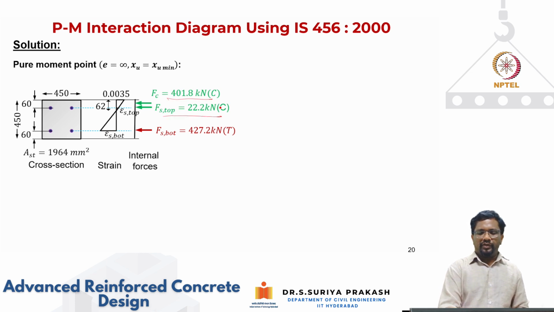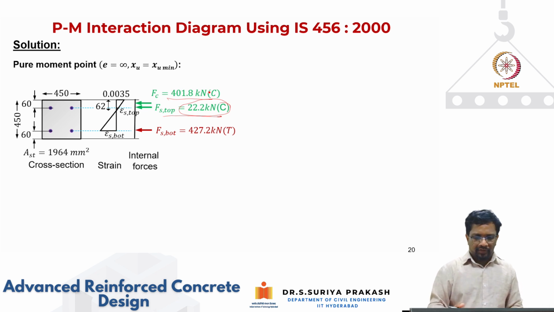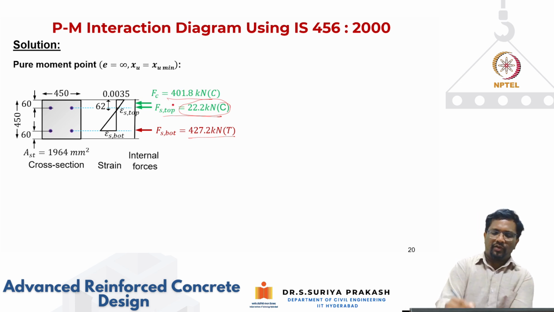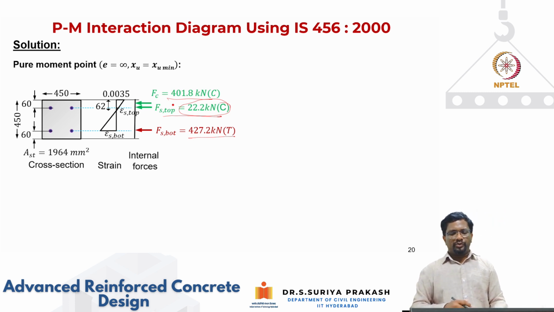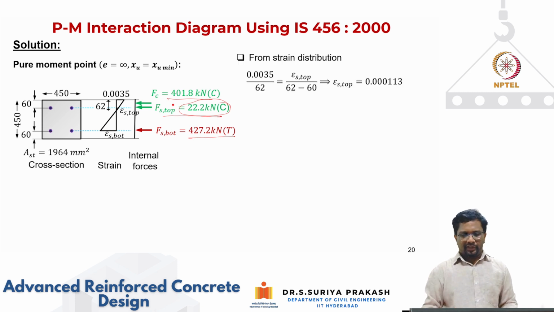This top is giving you only a very small force, 22.2 kilonewton, right? And the bottom is giving a very large force. If I add all the compression and tension, it should go back to zero. That's why 401.8 plus 22.2 should be equal to 427.2. So they are nearly the same. Okay, so that is why we say that the equilibrium condition is satisfied.